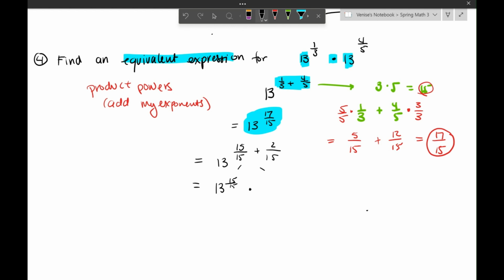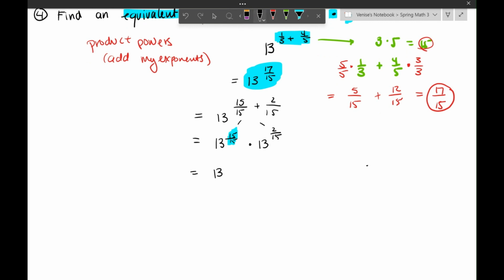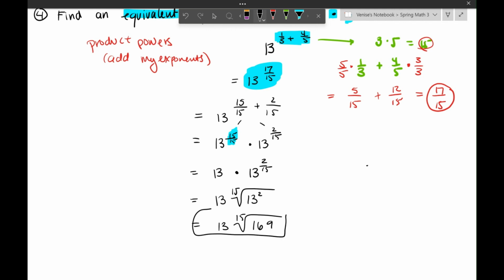So 13 to the 15 over 15 times 13 to the 2 over 15, which is equal to just 13 because 15 divided by 15 is just 1, times 13 to the 2 over 15. That is the 15th root of 13 squared, which should be 13 times the 15th root of 169. Okay? If you have any questions, let me know.